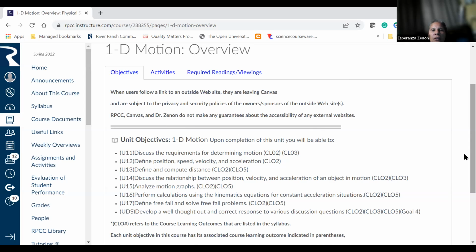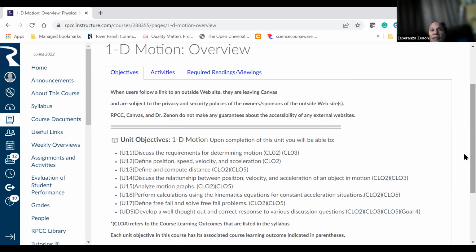Okay, and so you can see from the objectives the kinds of things we'll be looking into as we describe the moving object. What kinds of things do you want to know about this object's motion? Well, first of all, what are the requirements to know that the thing is even moving?